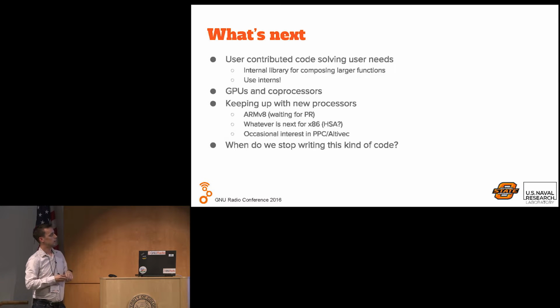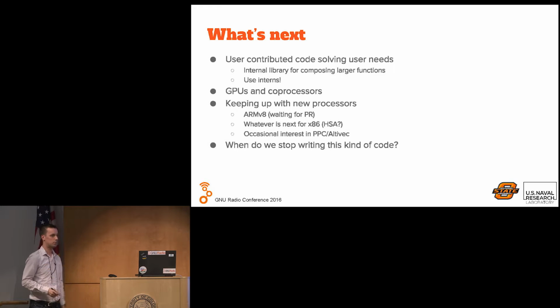Who knows? That'll, again, mostly be driven by user needs and ability to do it. Another is coprocessors. I've tried with some coprocessors that are traditional DSP type chips, and they basically suffered from the same problem that GPUs suffered from, at least using VOLK to access the coprocessors.